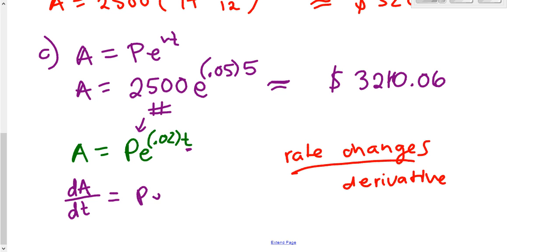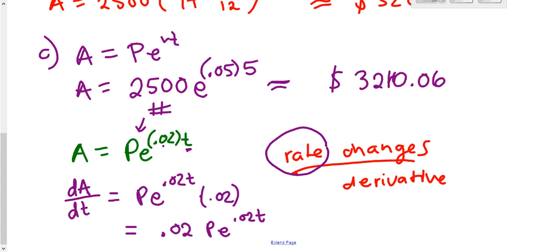Well, that's going to be e to the 0.02t. And then I need to multiply by the derivative of the exponent. So here our exponent is 0.02t. So the derivative is 0.02. So if they asked us for an equation for the rate, we would say that it's 0.02 PE to the 0.02t.